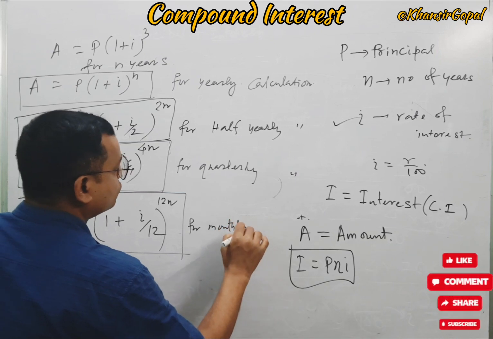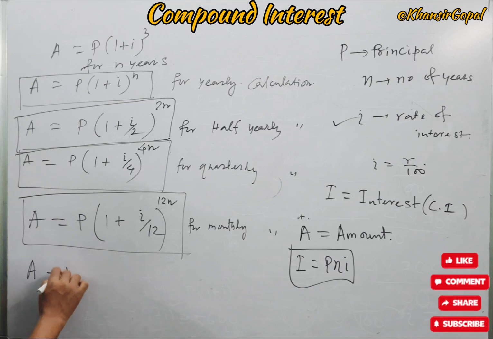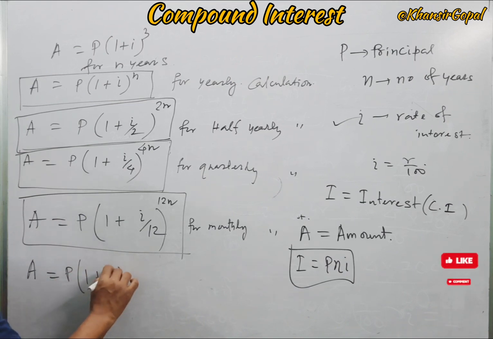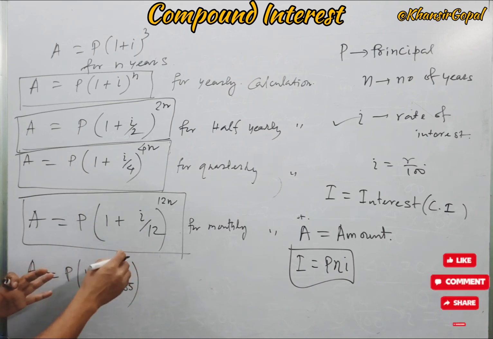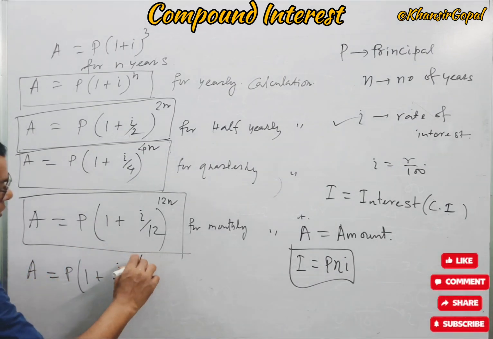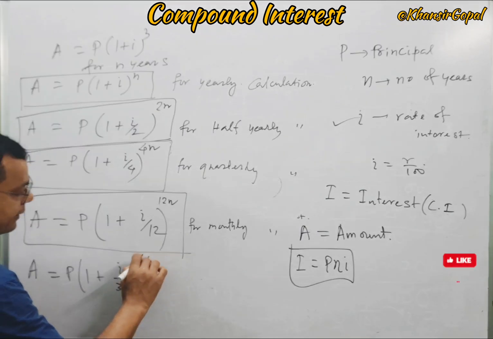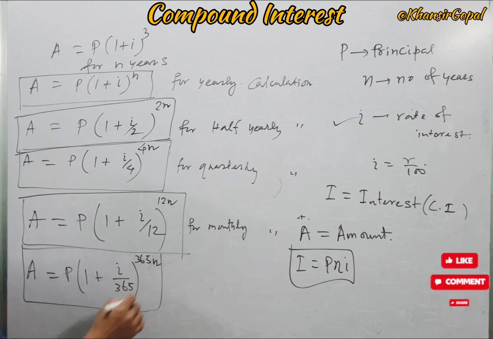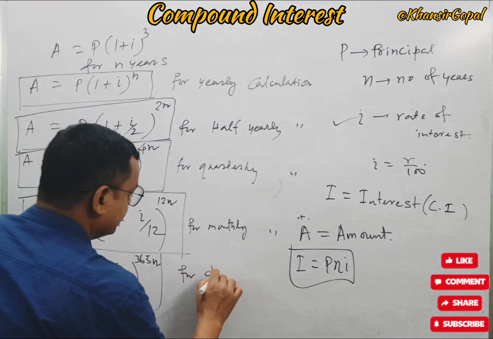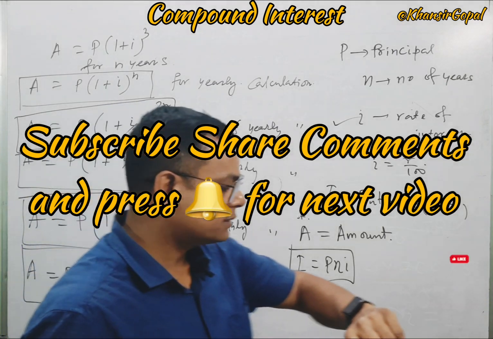And if you try to do daily calculation, we can break it as I by 365, because daily the whole interest will be divided by 365, and the power will be 365n, right? Now you can calculate like this also for daily, if the bank calculates your interest daily.